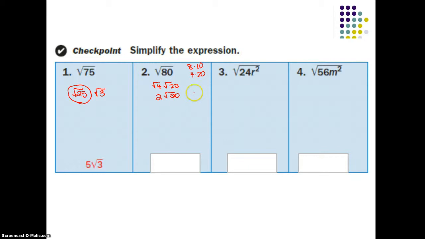Now, is there anything else 20 can go into? Well, yeah, another 4 times 5. So I can kind of do it in two steps. So I probably could have gotten a bigger number than 4 at the beginning, but this is just another way to simplify. So we have 2 times another 2 square root of 5. So I'm going to be left with 4 square root of 5.